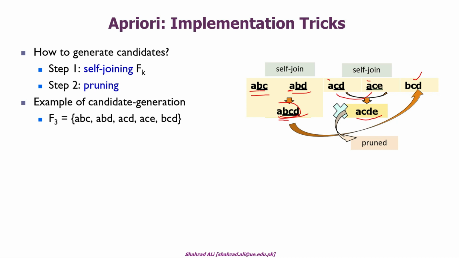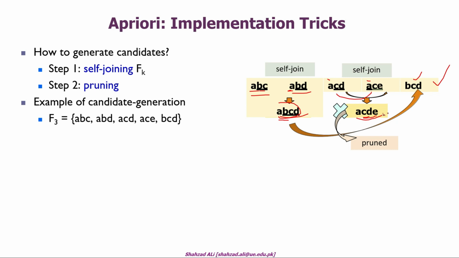But for ACDE, CD is not up there in the frequent item sets. So if CDE is not frequent, then its superset cannot be frequent.